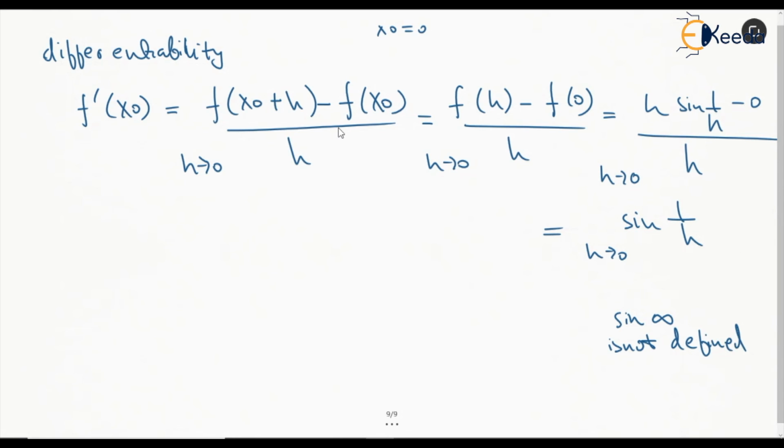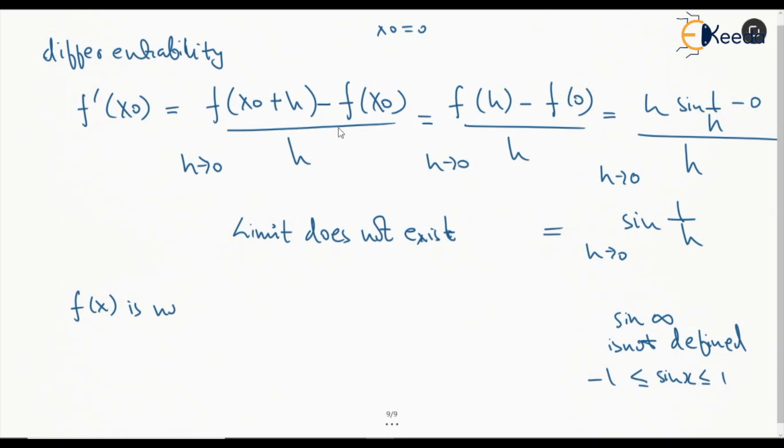Although it is finite, that is, it lies between -1 to 1, we cannot define what value it will have at h tends to 0, and this makes the limit does not exist, and we can say that the function f of x is not differentiable at x equal to 0.